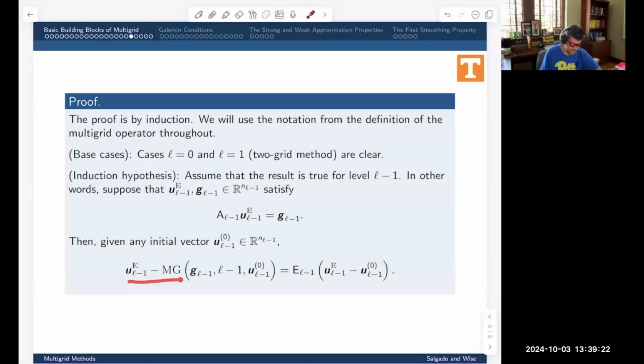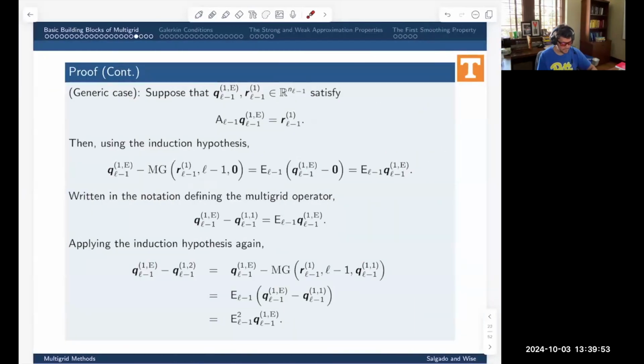This is the true error that we want to compute. And what we're saying is it's exactly equal to the error at the previous stage, or for whatever the error was with this initial guess, times a matrix, and that matrix is E_{L-1} just defined. So this is our induction hypothesis, and we want to show that the recursively defined version of the error holds true at the next level up.